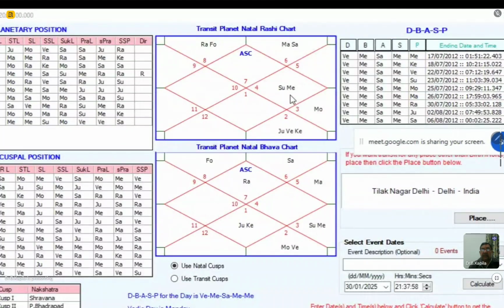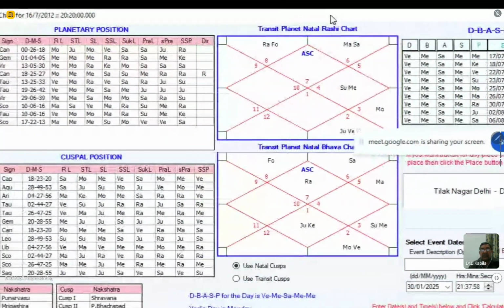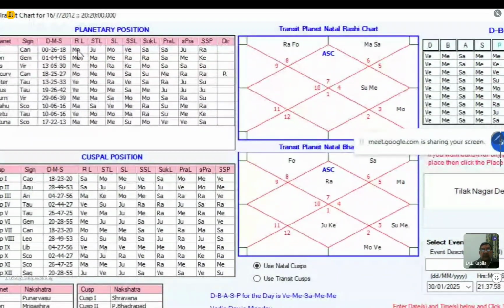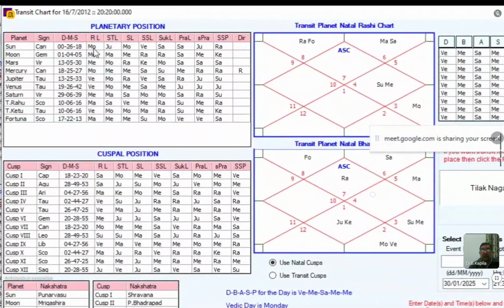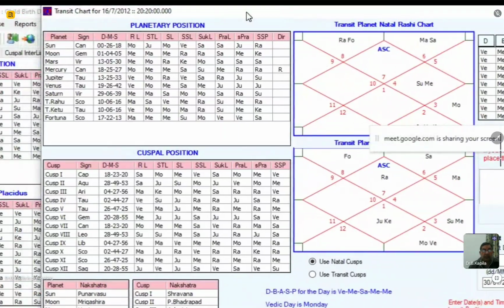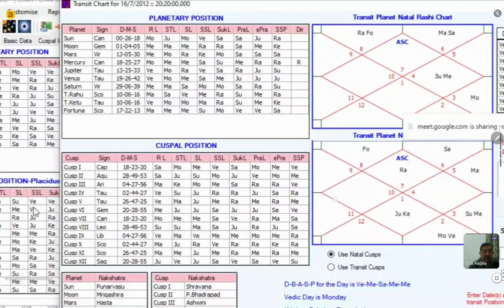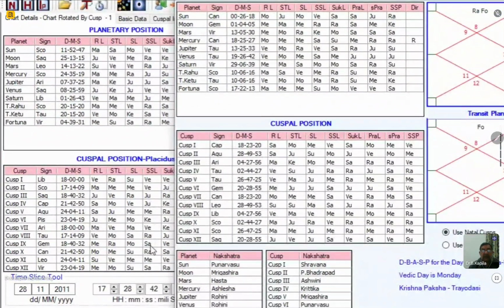Now, what is important here is that the Sun is transiting in the sign of Moon. And Moon, if you look here, is neither co-ruler of 2, nor 5, nor 11. It means whatever sign we have got here, it is on the basis of the significations of Moon.